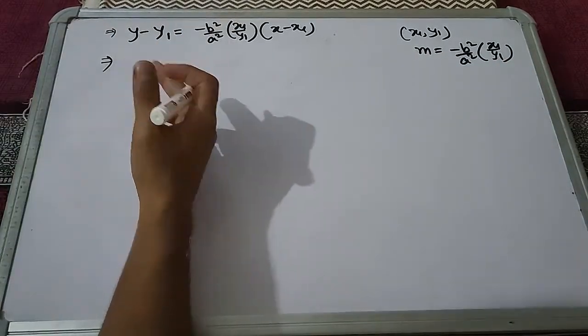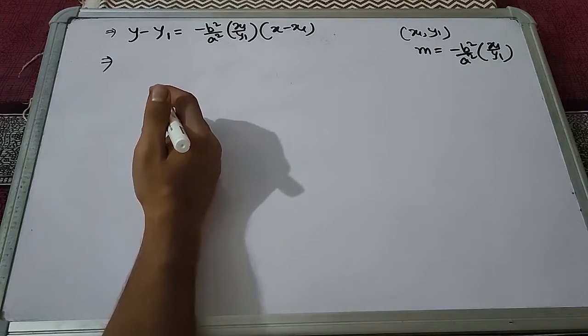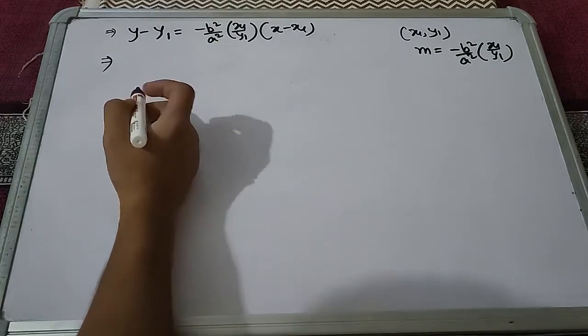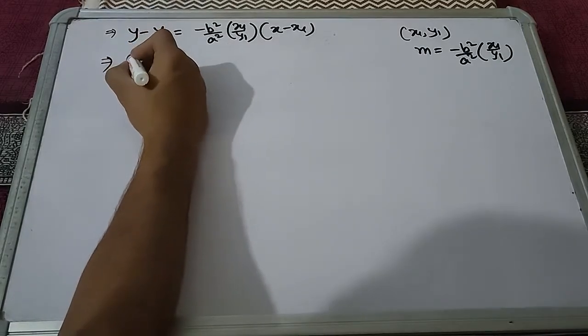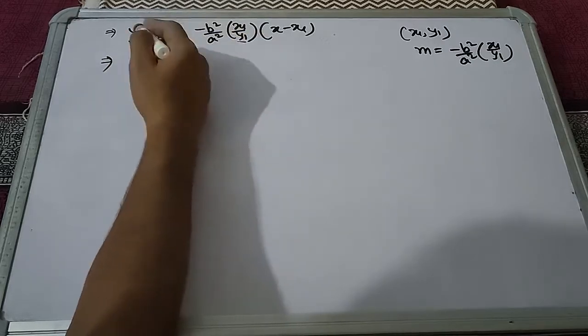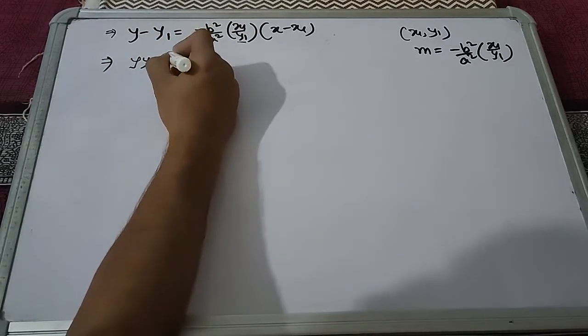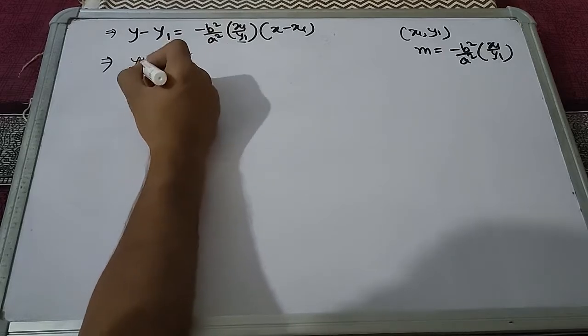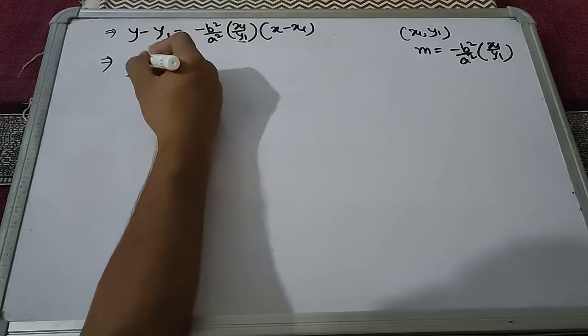Now let me simplify this equation, because if you simplify this equation, then you will find the result you want. So this becomes, let us multiply this y1 over this side, y1 minus y1 square by, bring this b square down over here.